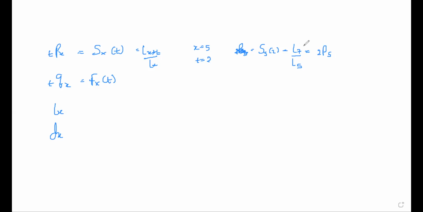L7. Any other opinion? You all agree L7? Okay, well, it's not L7, it's L5. L5 will be bigger.